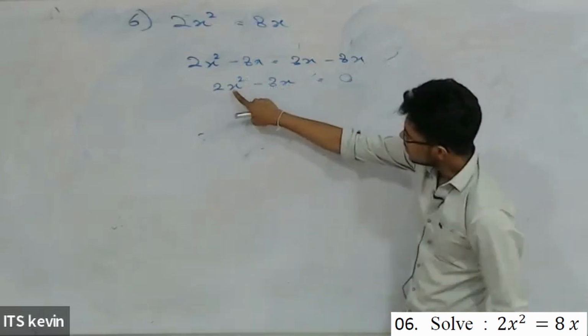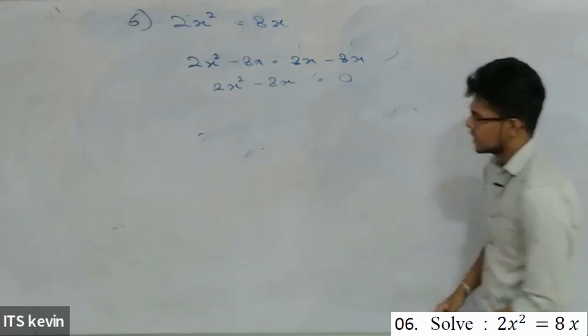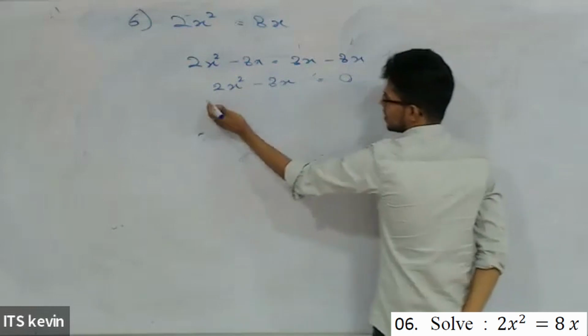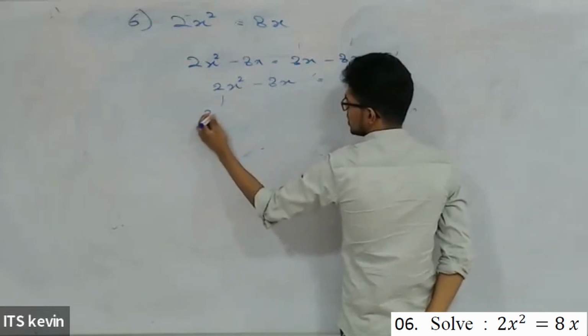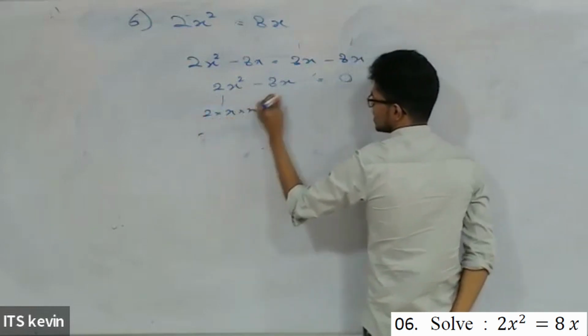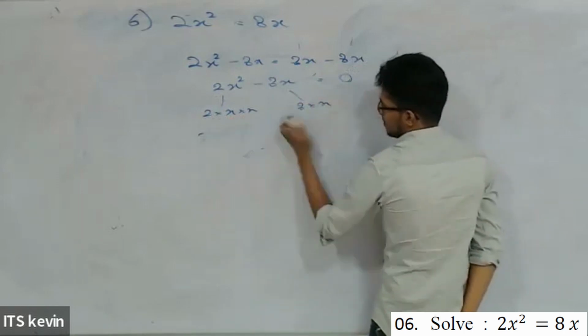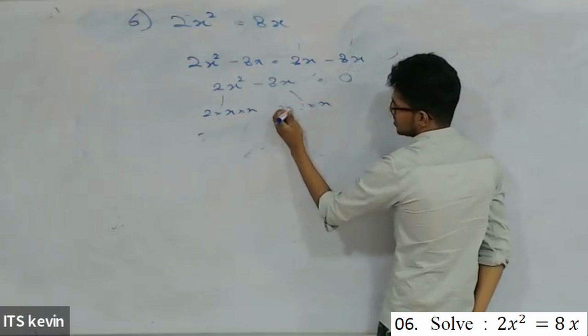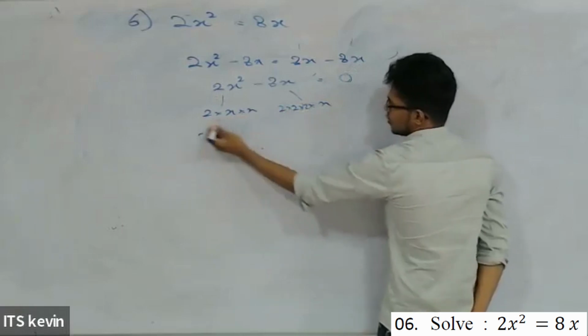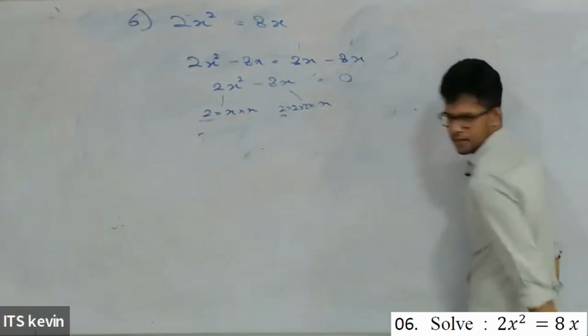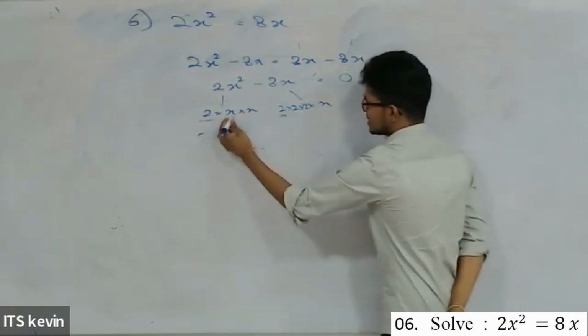But what you can do is take the common things outside. This is 2 times x times x, and this is 8 times x, which you can write as 2 times 2 times 2 times x. So 2 is common, and you have another x in common.